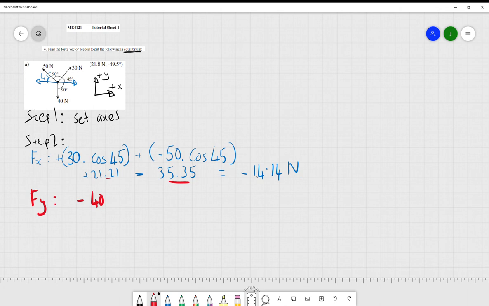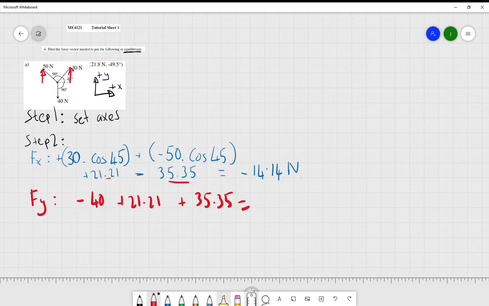And it's easy because the y component of both the 30 and 50 are in the positive y direction, so they're both going to be positive. So it's plus 21.21 plus 35.35.